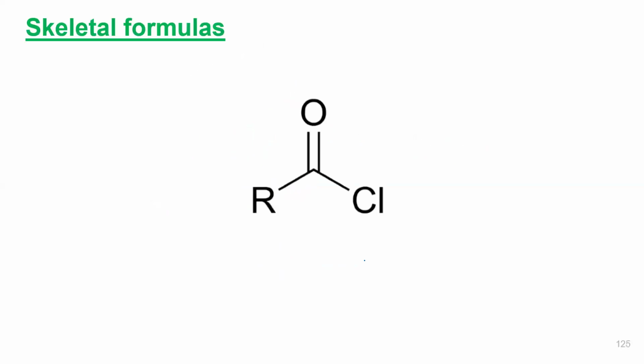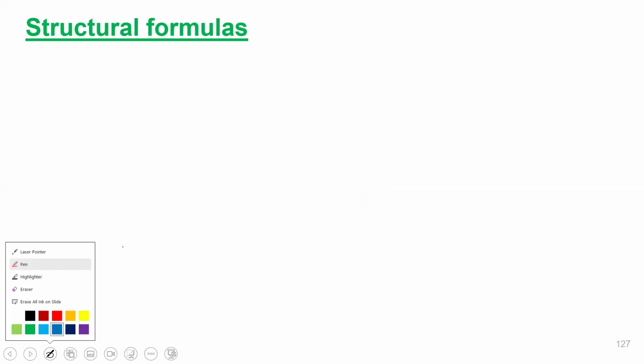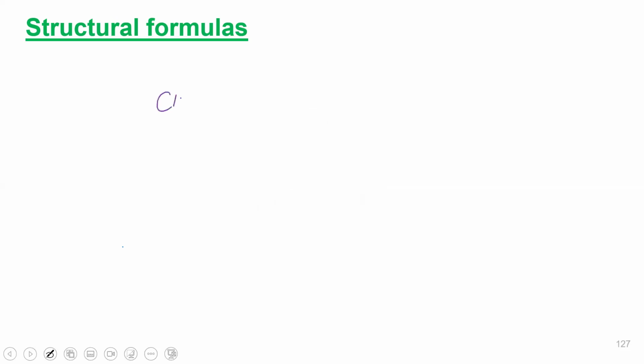Now we talk about skeletal. This is the skeletal structure, RCOCl. Structural formulas are always like CH3, CH2. So for example, CH3COCl.